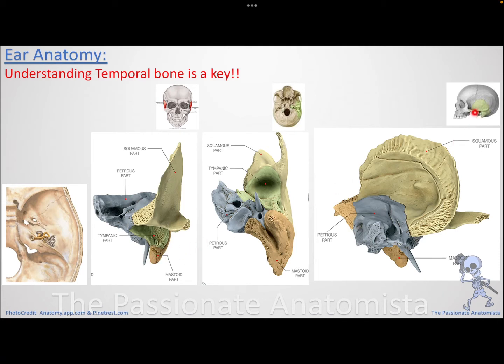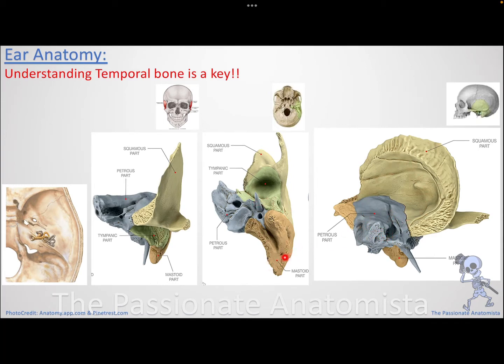If you look at the bone from outside, you see a flattened part, which is the squamous in Latin. You have a petrous part, which is basically as strong as a stone. This is what petrous means. Here is where you're gonna have your inner ear inside of this bone, and this is actually the most important one in all of these parts.